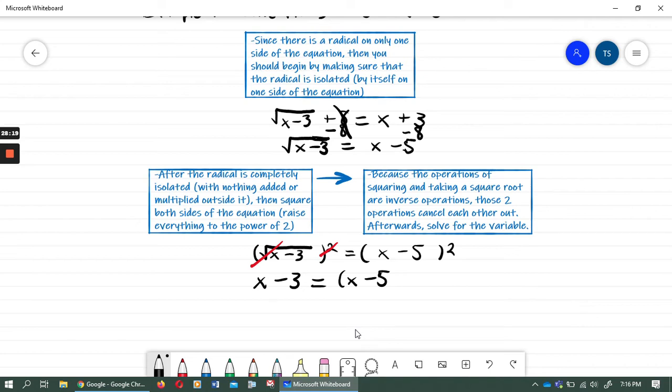Now, guys, on this right side of the equation, we've got a perfect square binomial here. Now, folks, if we want to solve this quadratic equation, and you should recognize that it's quadratic because you see that this thing here is raised to the power of 2, and that's a perfect square binomial.